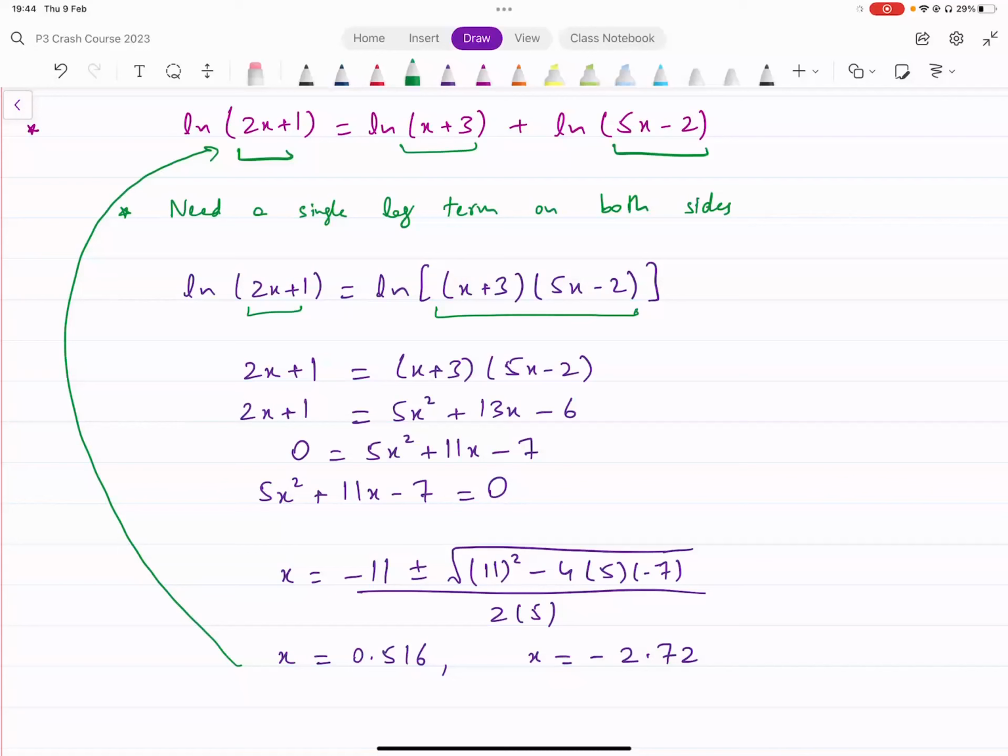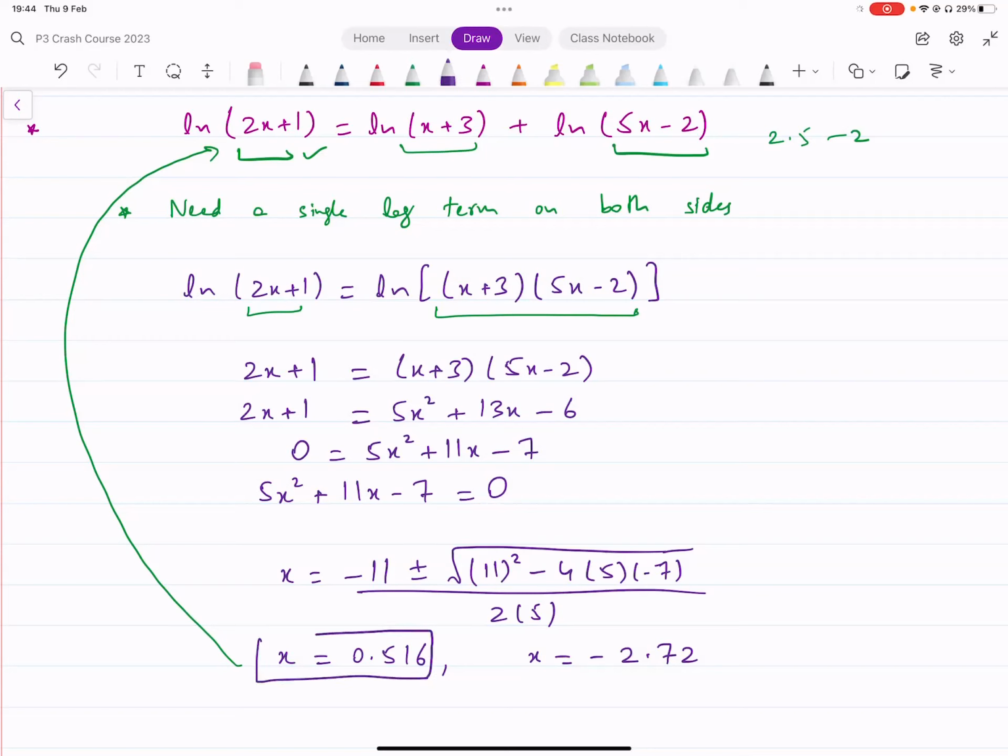So if you input 0.516, now the first log remains positive, the value inside that remains positive. The second also remains positive. You have to be a bit careful about this because it has a negative sign. So 5 into 0.516, that's going to be somewhere around 2.5. Then minus 2, that also is something positive. So 0.516 is not causing any problems.